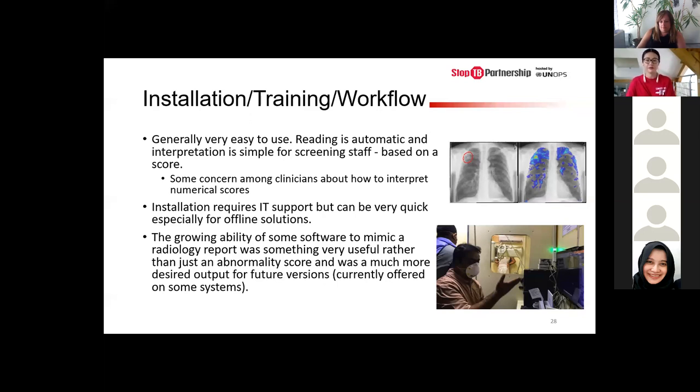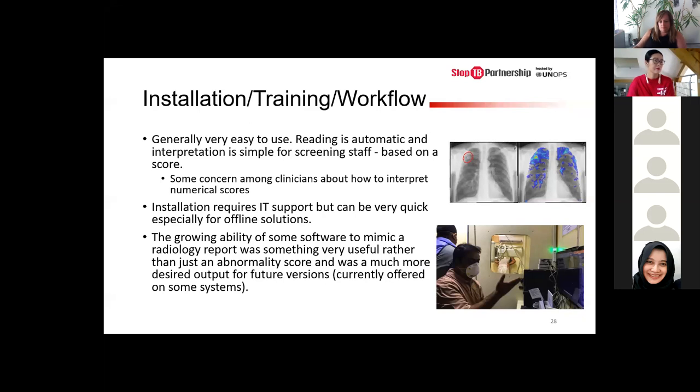A number of interventions were talked about that did not use any clinical staff at all, and they could do literally hundreds of thousands of these screens, testing people and diagnosing thousands of people with TB without having clinicians on board. So very easy to use for different levels of staff.